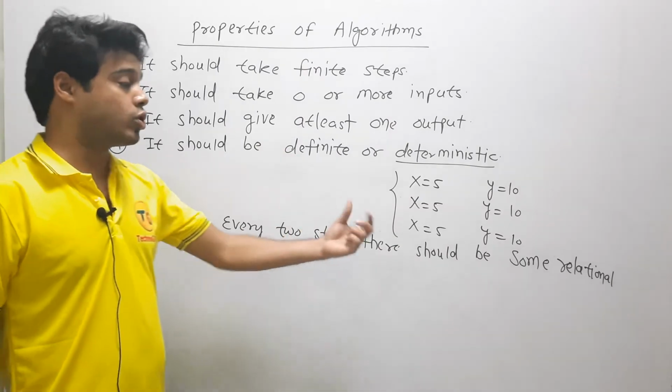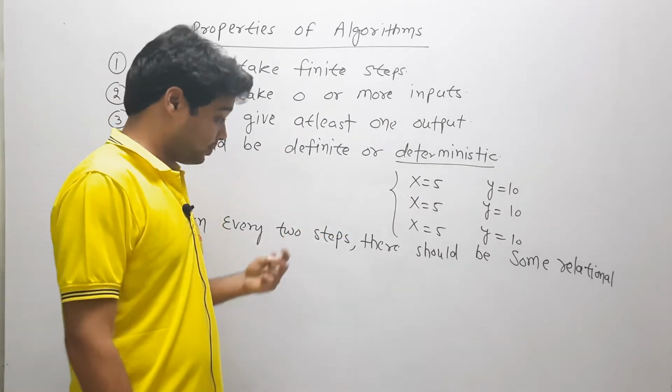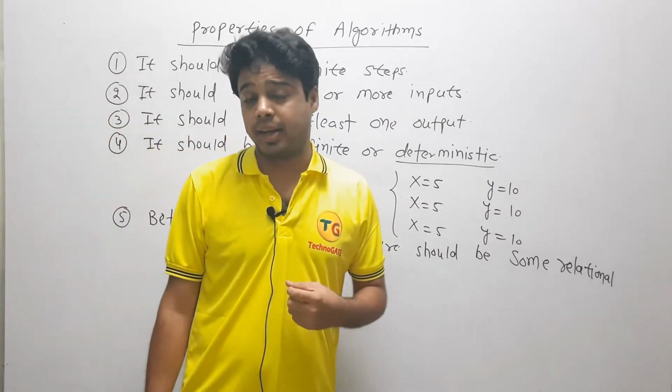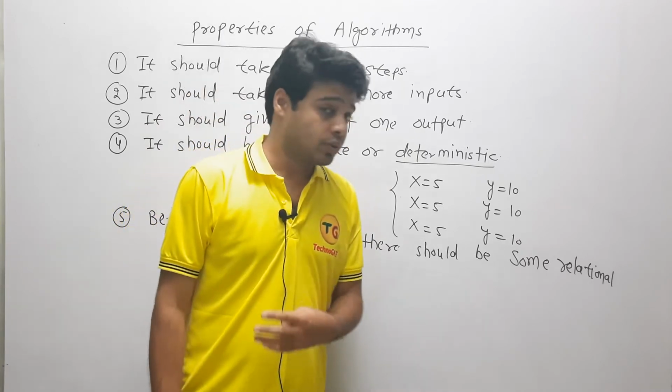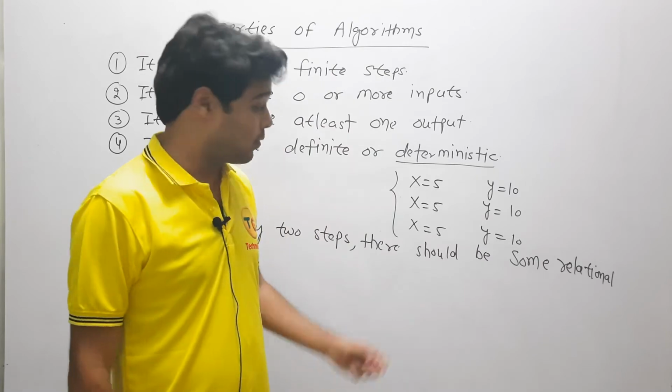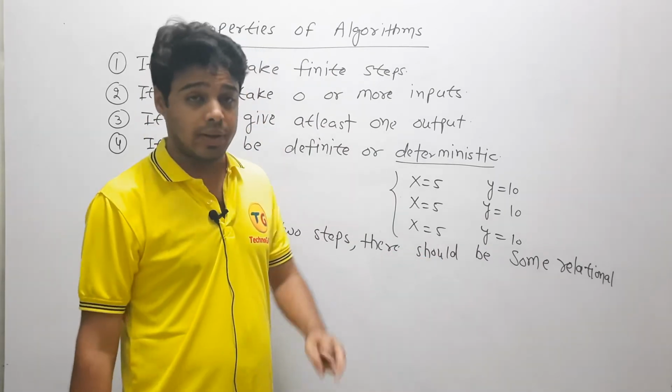If the relation isn't maintained, then the algorithm stops somewhere without producing any output. So the algorithm does not produce any output if you do not maintain a relation between two steps.